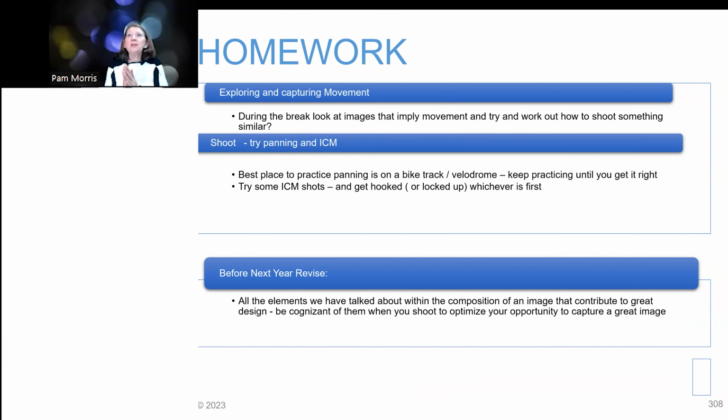So that's what I want you to do during the break, is look at images that imply there has been movement involved, whether of the subject or of the camera, and work out how you would shoot it based on what I've given you, and then start having a go at it and really practice these ICM shots.